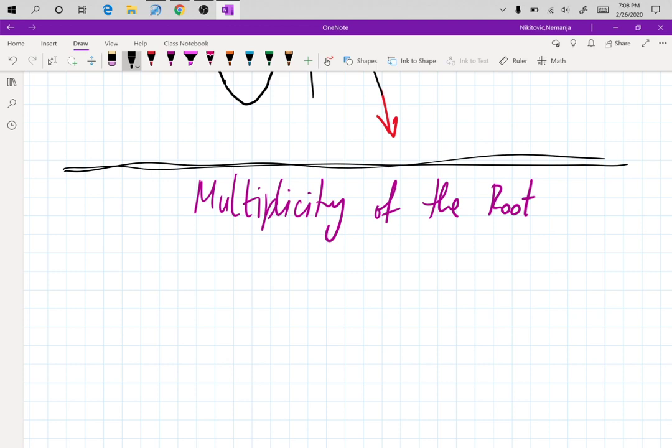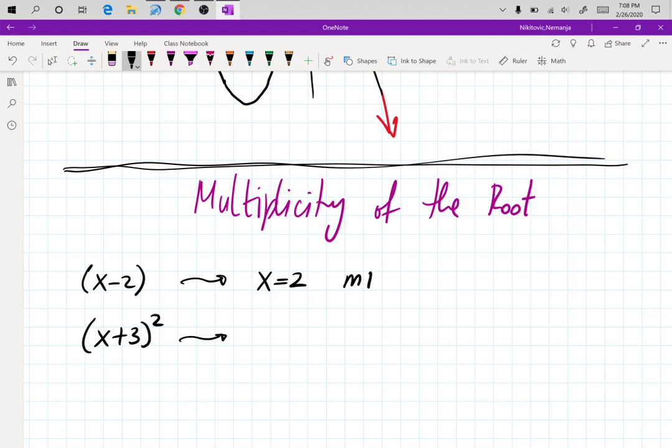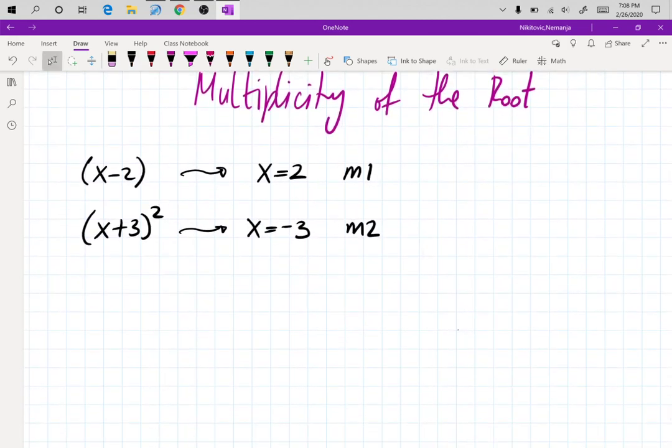Single binomials, like let's say x minus 2, will produce a root x equals 2, and we'll call that multiplicity 1. If you have x plus 3 squared, it will produce root x equals -3, and that's going to be multiplicity 2. It makes no sense, but it will eventually.